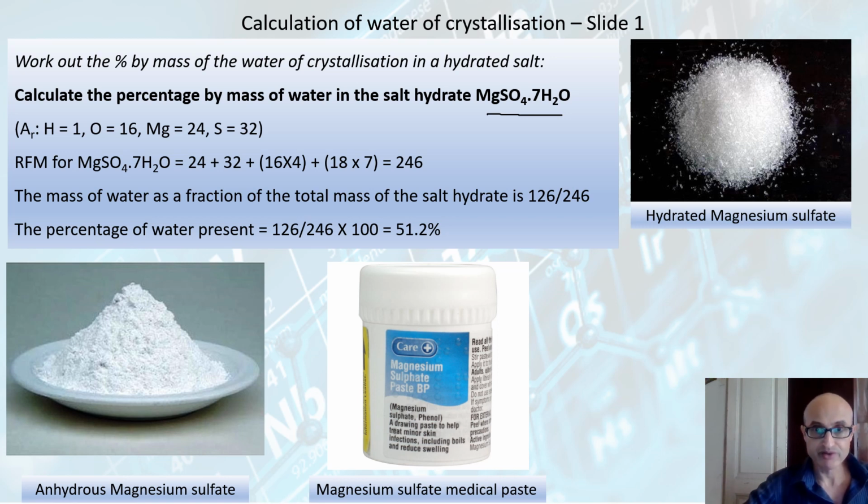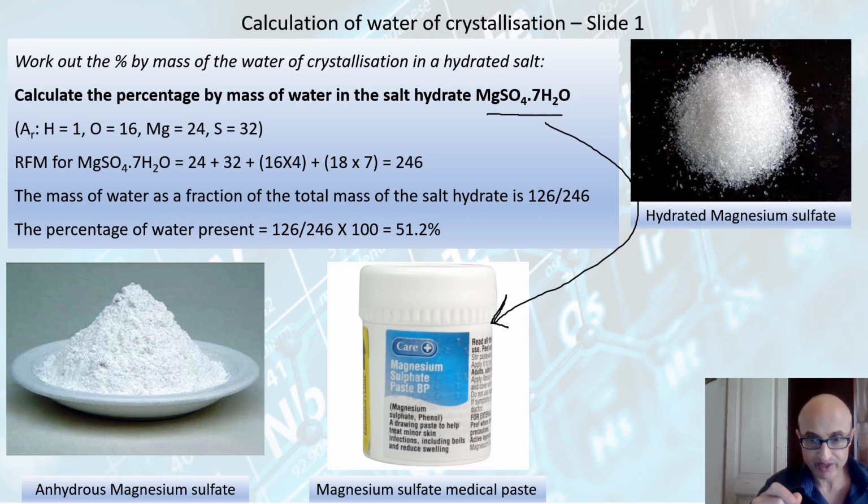Where do we find it in everyday life? Well, it can be found as a medication, okay, that is used, but it wouldn't be in the fully hydrated form. Let me be careful about this. It would be either in the partially hydrated form or in the anhydrous form. It would be found as a paste, okay.